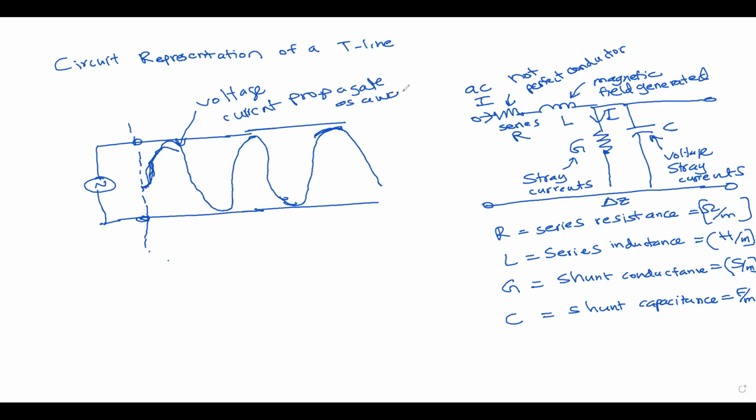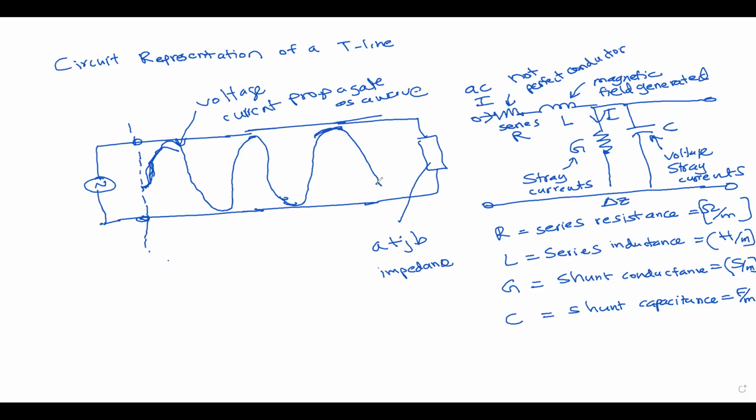So until it reaches the load, the load could be an antenna. It could be a complex load, so it will have an A plus jB kind of impedance. So it is a complex impedance.